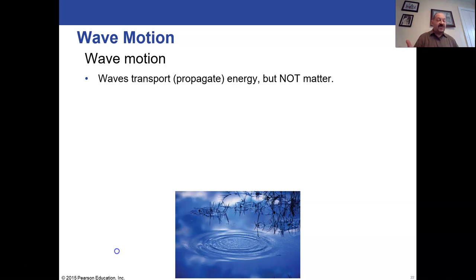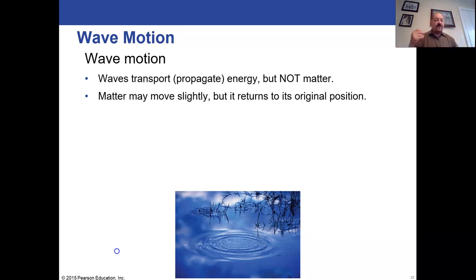So, for instance, with sound, the air will compress and expand, but it's not traveling. It might move a little bit to compress and a little bit to expand, but the air over here at the end of the wave will still be over here, and the air over there will still be over there. It's the wave that went through the matter, not the matter moving as well, okay?